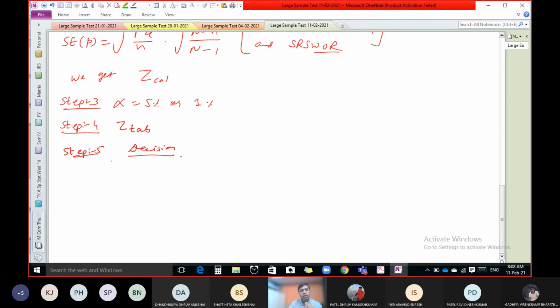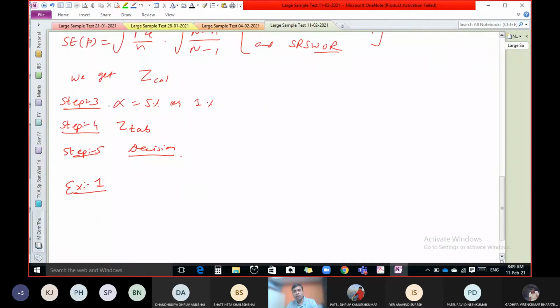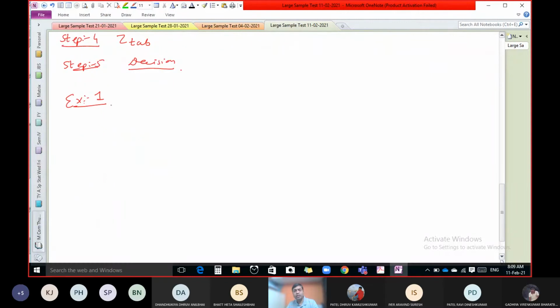So now if we are given this type of information, question number 1, then how to find out the answer of this? So what information do we have? In a certain city, 380 men out of 800 were found to be smokers. So the sample study is of how many persons? The sample study is of 800.